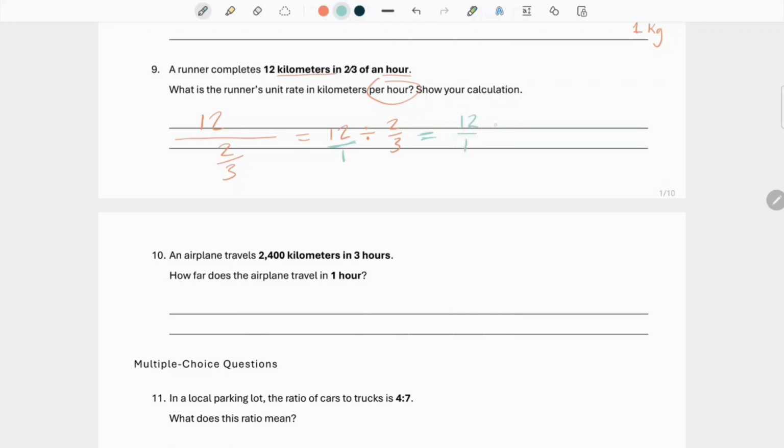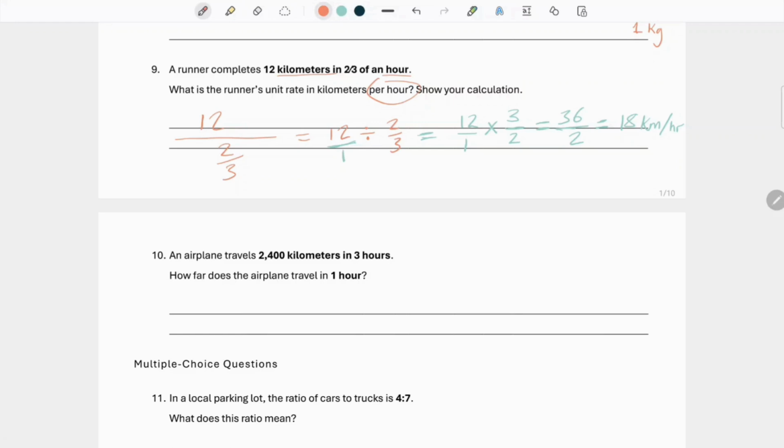So keep the first fraction, change the sign to multiplication, and get the reciprocal of 2/3, which is 3/2, or 3 over 2. 12 times 3 is 36, and 1 times 2 is 2. 36 divided by 2 is 18. So 18 kilometers per hour.